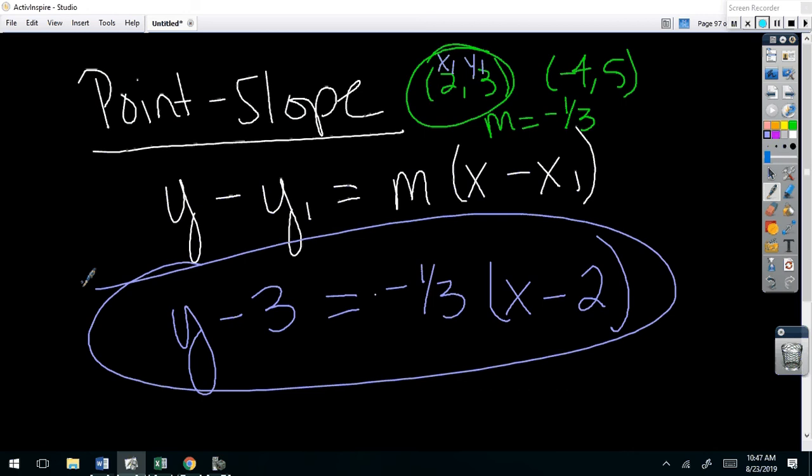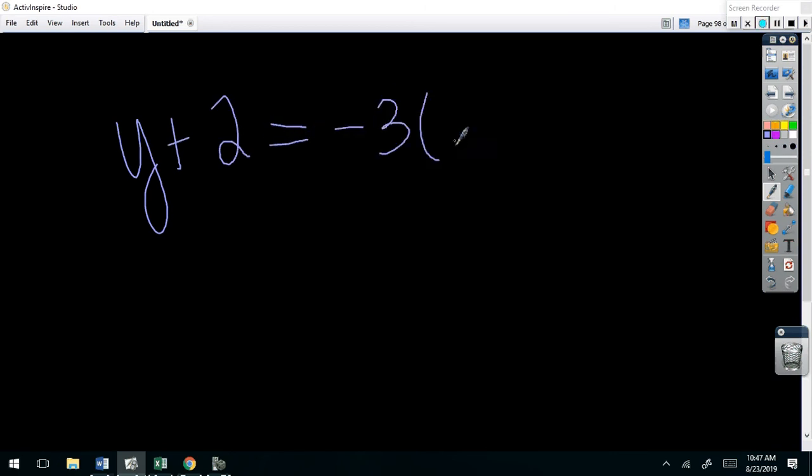Now, let me see if you understand this. Let's say I have this line. What's the slope of that line? Give me a point, just -3, don't leave the x on it. Give me a point on the line. 1, -2.